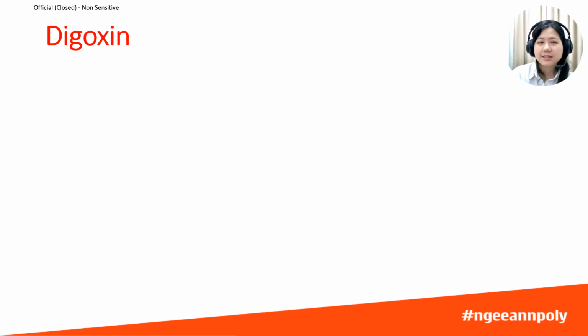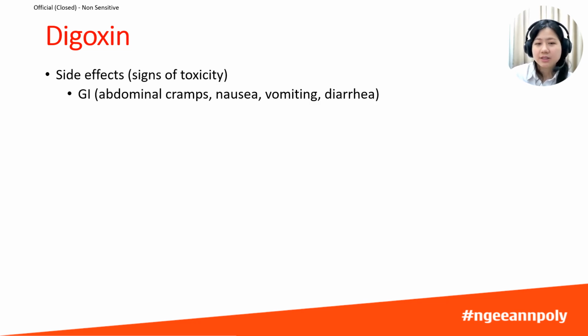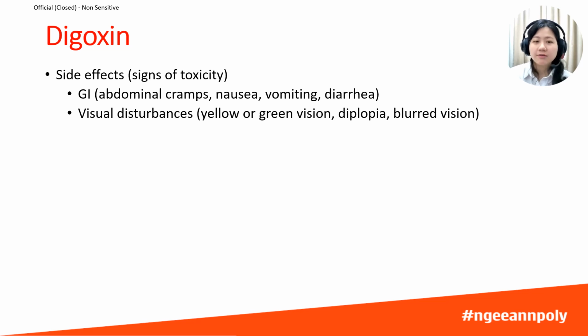Since digoxin has a narrow therapeutic index, small changes in the plasma drug concentration can lead to toxicity. Signs of toxicity include GI effects such as abdominal cramps, nausea, vomiting, and diarrhea. Visual disturbances such as a yellow or green tinted vision, diplopia, which is double vision, and blurred vision.